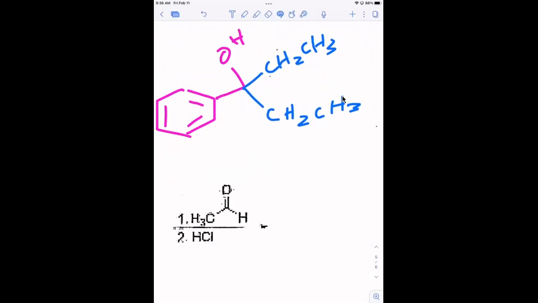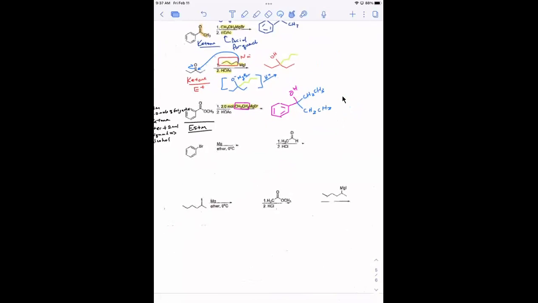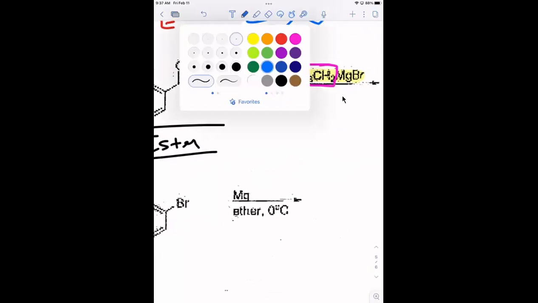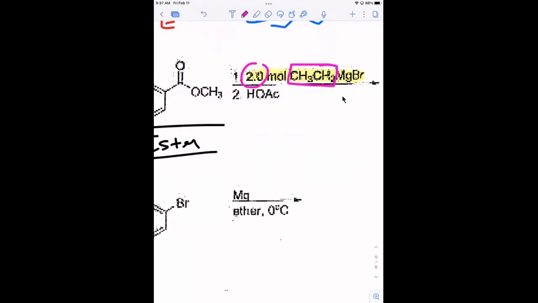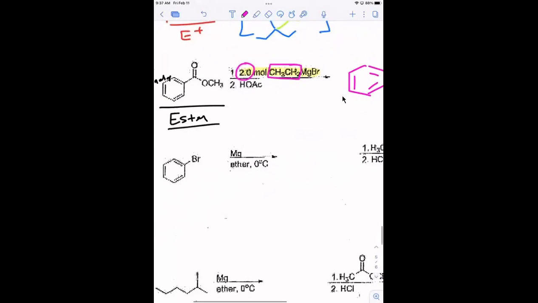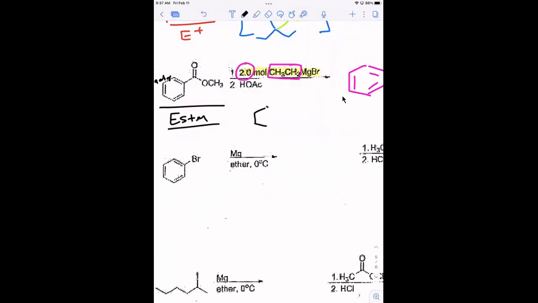I have a question. Go ahead. So we just use 1 molar of the Grignard, right? In this problem right here, or is that with both? It's both. If I only use 1 mole, I would get a ketone that looked like this because it would stop. The reaction wouldn't keep going. If I only had 1 mole of Grignard, I would just have this ketone.